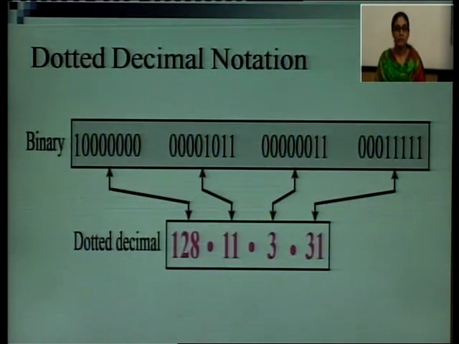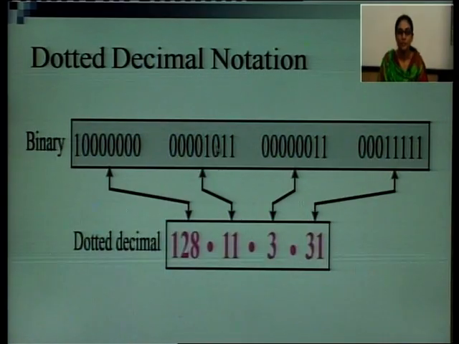Now this is the dotted decimal notation, and this is the binary notation which is given. We can derive these from the dotted decimal notation. Here for the binary representation, we use 2 raised to power 7, which is 128. In case of this, it becomes 11, that is 2 raised to power 0 plus 2 raised to power 1, that means 2 plus 1, equivalent to 3.